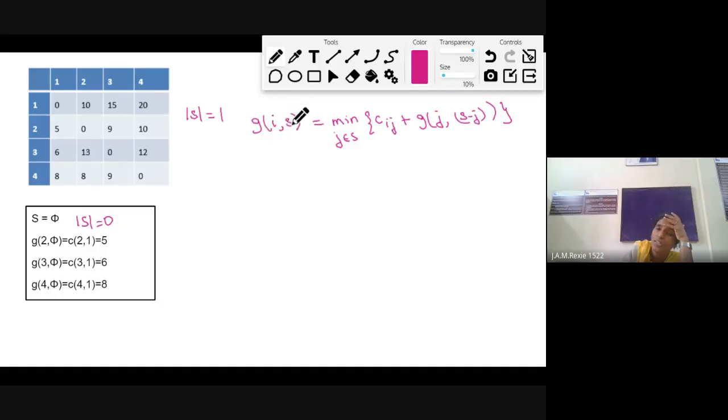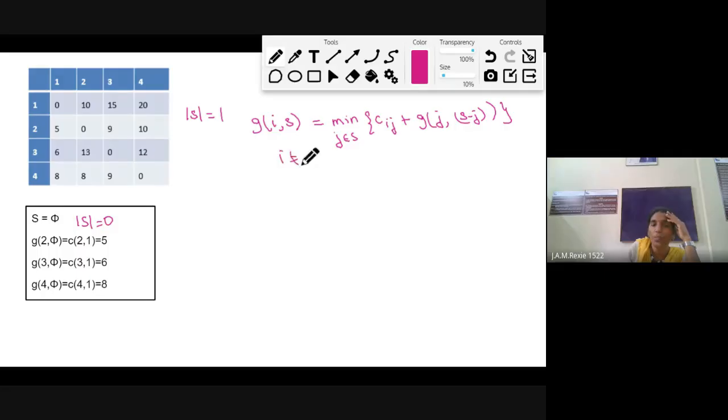From i through S we are finding, so for that, from j through S minus j we have to compute. So now we are making the intermediate vertex set size 1.